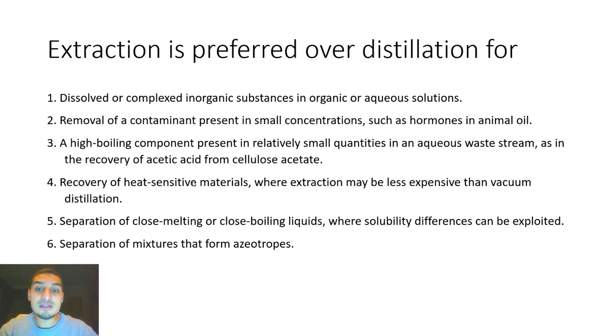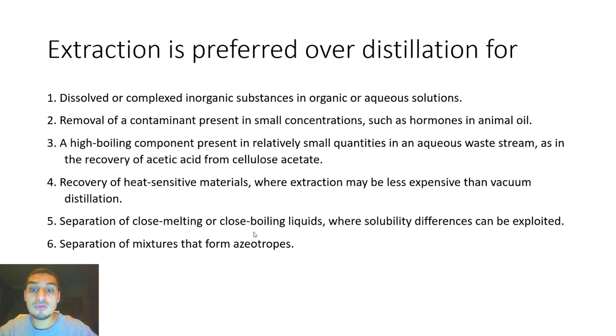If you have a heat sensitive material which is gonna decompose or break down into smaller components by heat, in this case you need to do the distillation under high vacuum, which is very expensive to do, and to make the distillation column from a material with high enough thickness to withstand this vacuum, which is gonna be a very costly process or design.